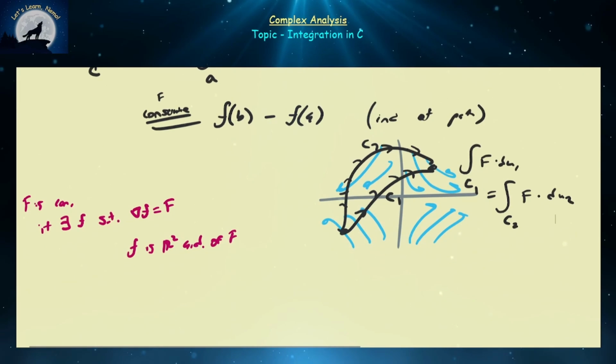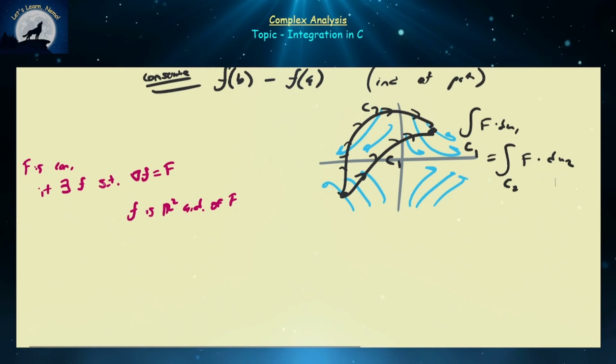So once we have that, we can actually just focus on the endpoints, evaluate the antiderivative there, and then subtract. So we clearly see some parallels between complex variable integration and integration in the realm of R2.